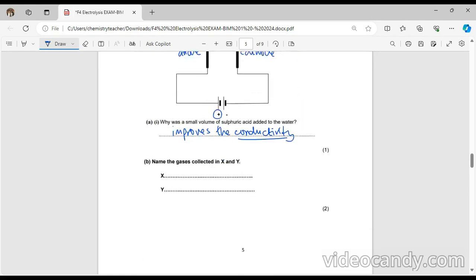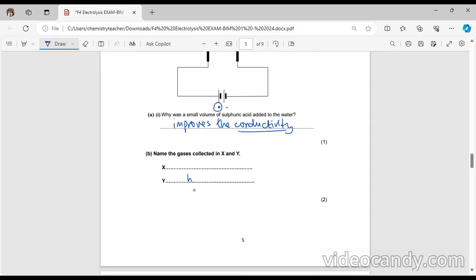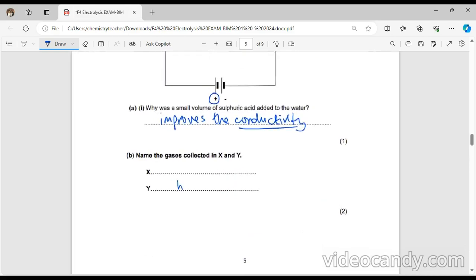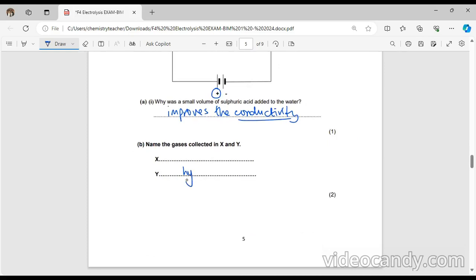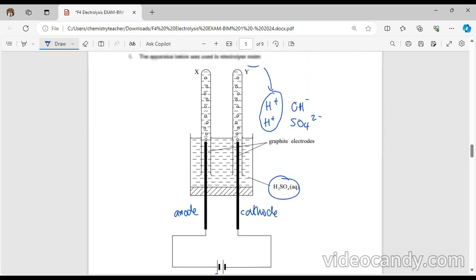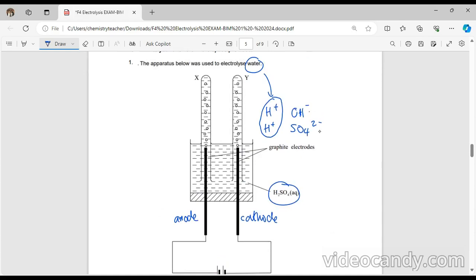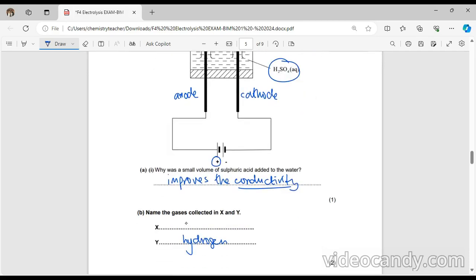So that's Y. So the answer for Y is hydrogen. And then at the anode, we've got hydroxide and sulfate, and the hydroxide is the one that's going to electrolyze, and that generates oxygen gas. So X will be oxygen.